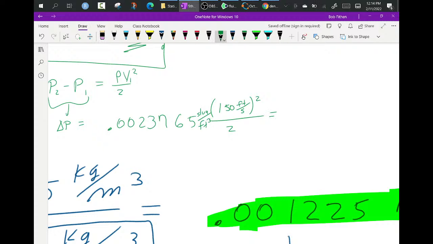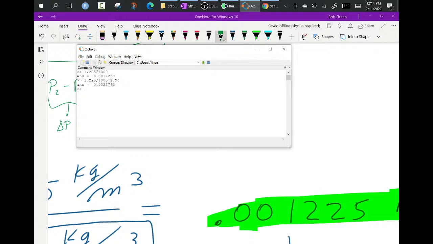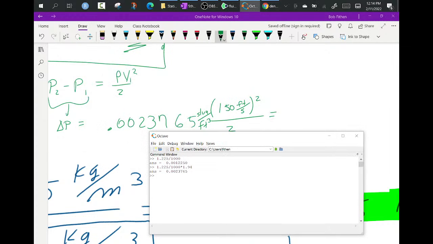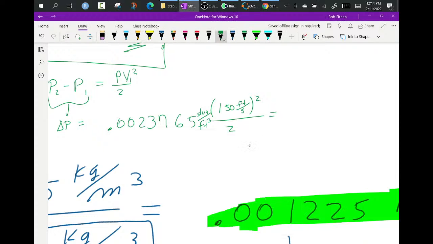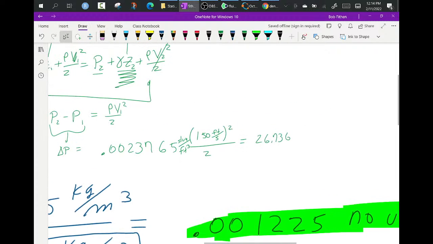Numerically, I got that number. I'll just keep that number, and 150 squared by the 2, 26.736. Now, look at what these units are.